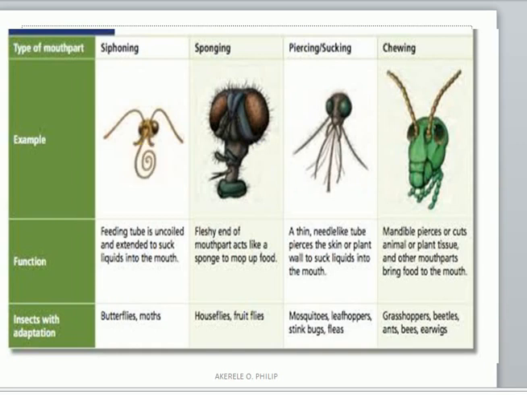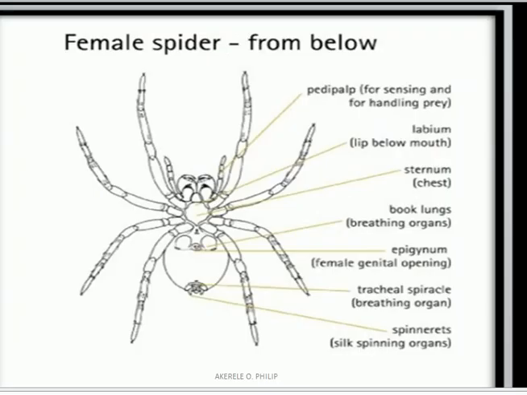Now the next, after Insecta, we have Arachnida. Arachnida are organisms that have 4 pairs. You can see a spider is not an insect, it is an arachnid, because it has 4 pairs of working appendages: pair 1, pair 2, pair 3, pair 4, and they have something called a cephalothorax.